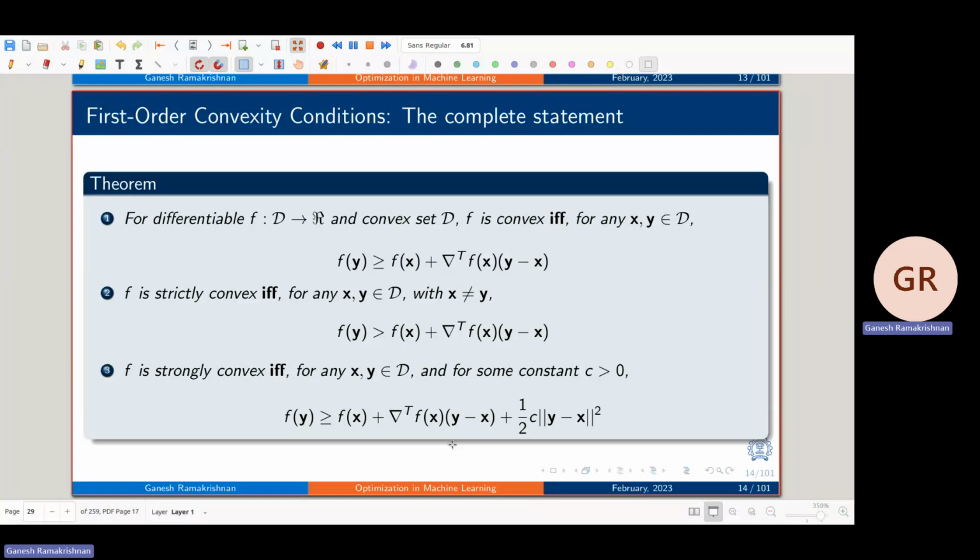Now, what is the equation of that supporting hyperplane for a convex function? If the function f is convex, what is the equation? Well, we have an equation for that supporting hyperplane.